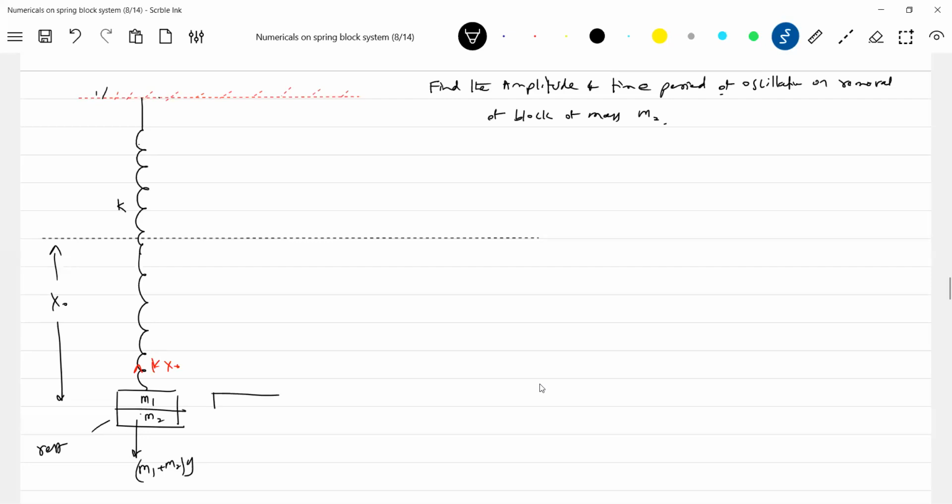On removal of block m2, what will happen to block m1? What is the state of this? Earlier, kx naught was balancing (m1 plus m2)g.